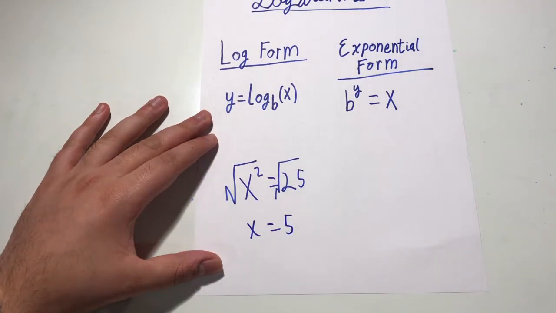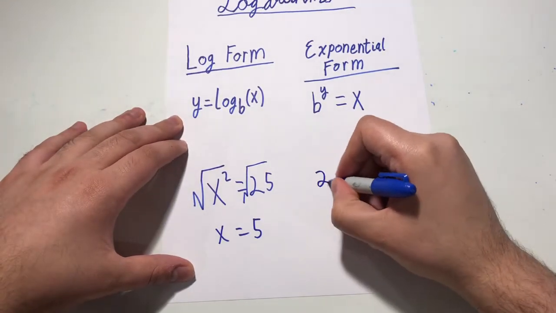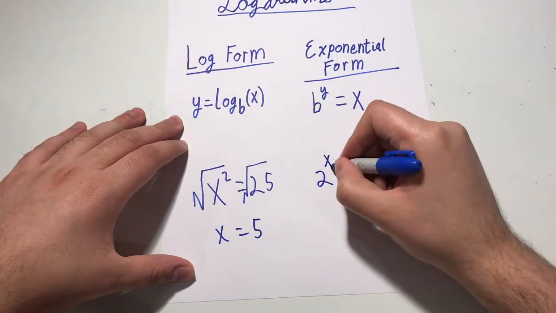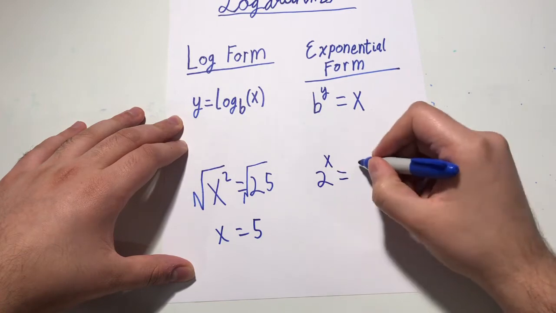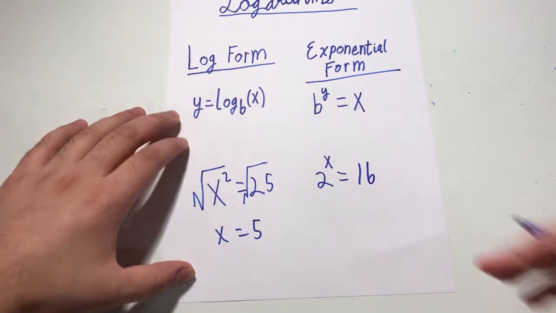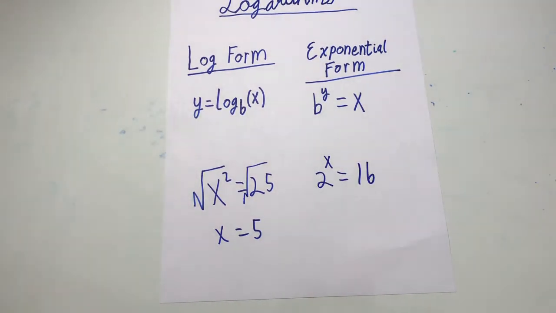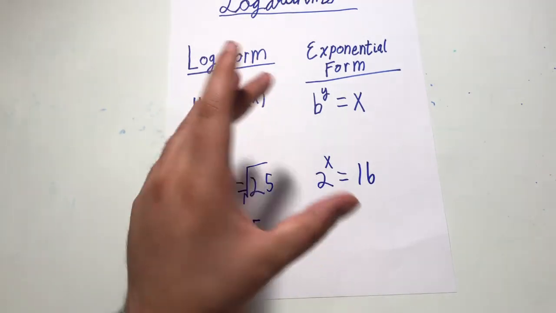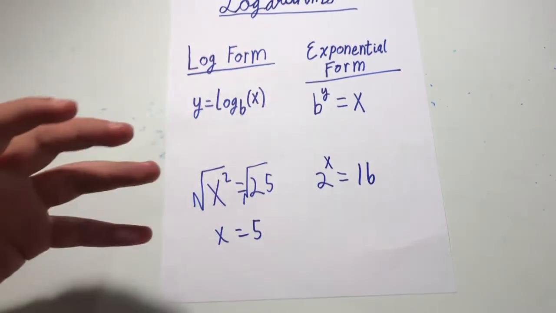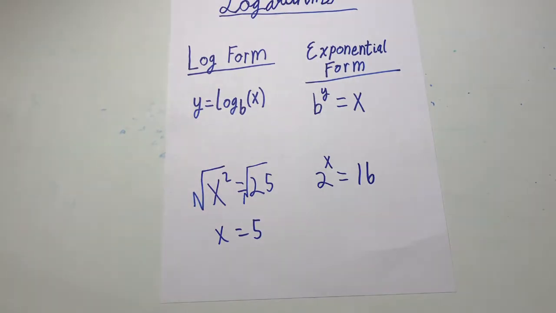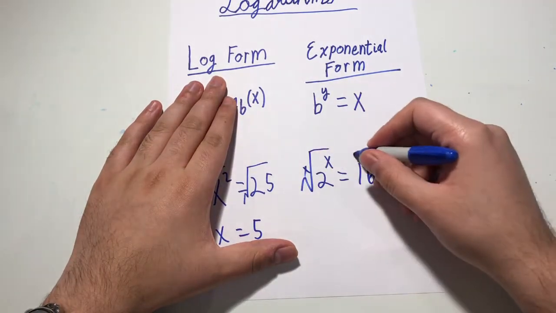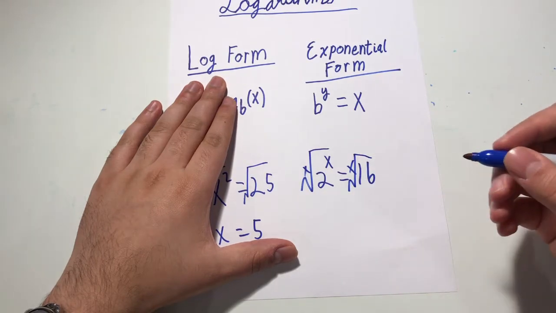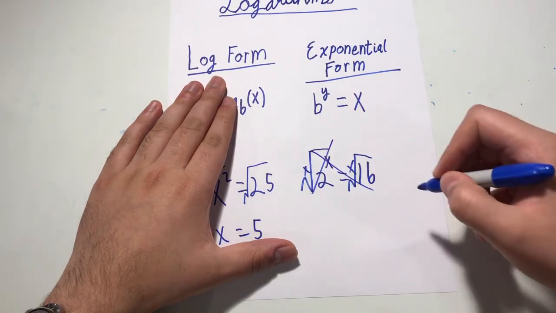But what if you had something like this? 2 raised to the x power. This time your variable is in your exponent, and that's equal to 16. Now, if we wanted to solve this, you might be able to tell what the answer is because I've used small numbers. But even if the numbers were bigger, you wouldn't be able to take the x root of both sides to find out what x is. That just wouldn't work.